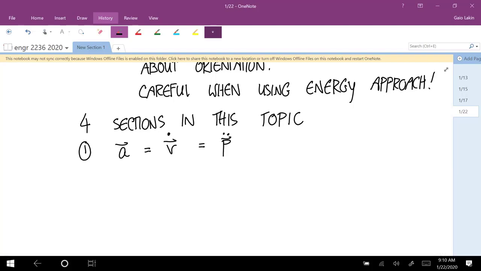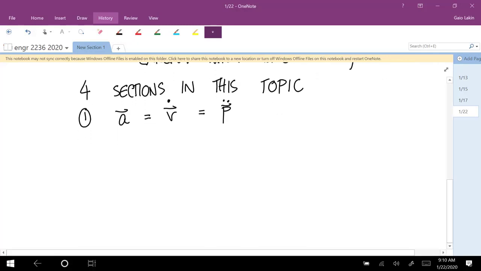Okay, so we have those time derivative relationships. And we've already talked about how to take time derivatives of vectors in non-rotating coordinate systems, so we know how to deal with that. The second section is the chain rule.